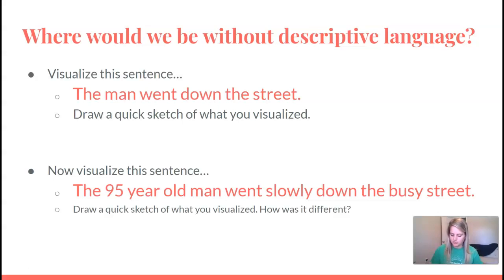Okay, we're just drawing here. And again, I'm not an artist, so. We're just doing this here to show what we visualize.